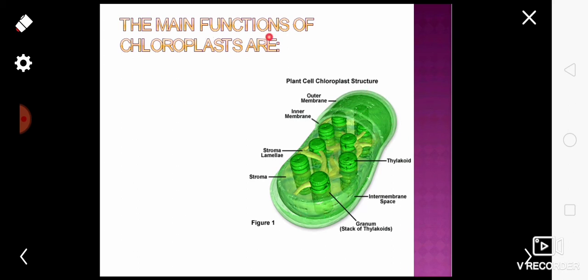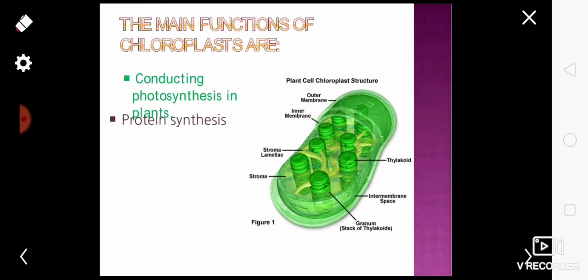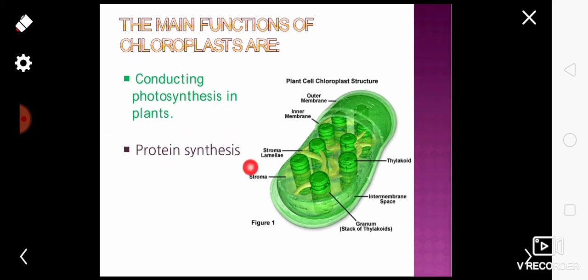Now let's see the functions of chloroplast. There are mainly four functions. First one is that it helps for conducting photosynthesis in plants. Second function is protein synthesis. It helps for protein synthesis because you know that ribosomes help for protein synthesis, and this chloroplast contains a small amount of ribosomes.